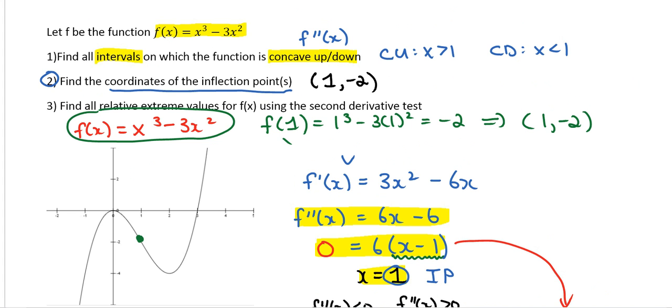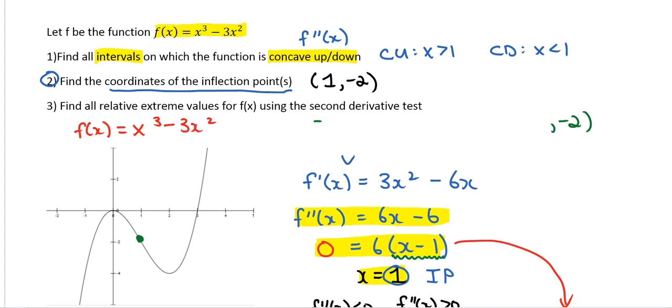Great. Now that finishes questions 1 and 2. I'm just going to delete some of this so I can read the problem. Problem number 3 states: find all relative extreme values for f of x using the second derivative test. Basically, extreme values means find all the max and min values for f of x.